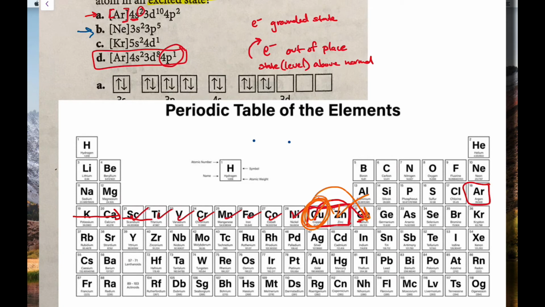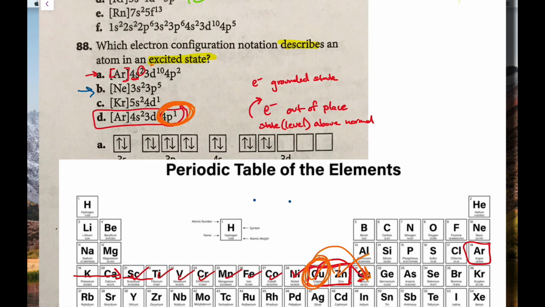So this electron here didn't necessarily violate it. All it meant is that it was in an excited state. It had energy. So eventually that electron will come back to its original state. Okay? All right, so hopefully that made some sense.